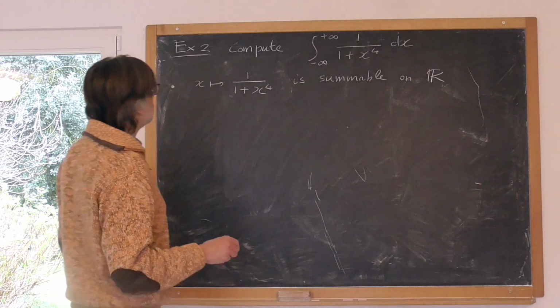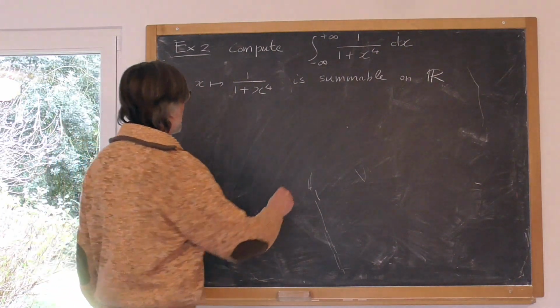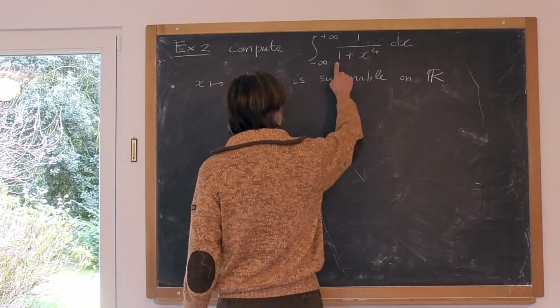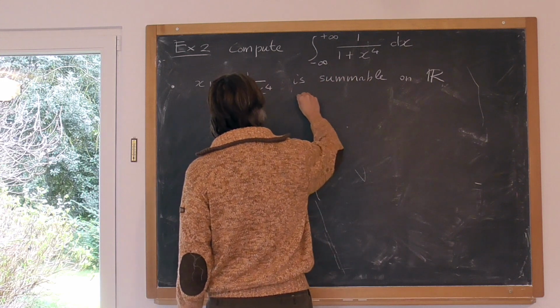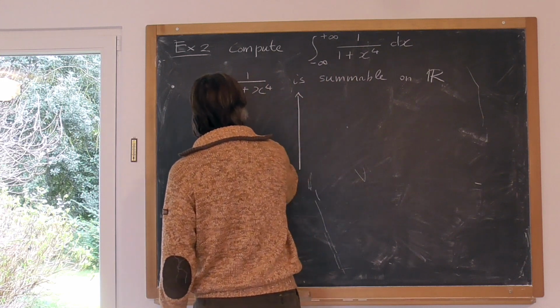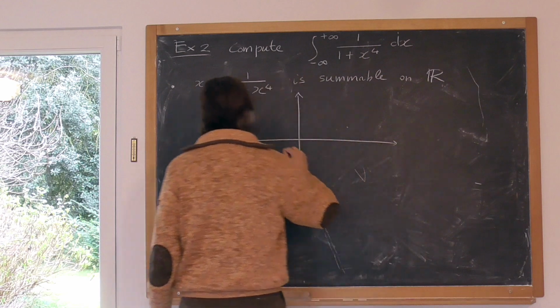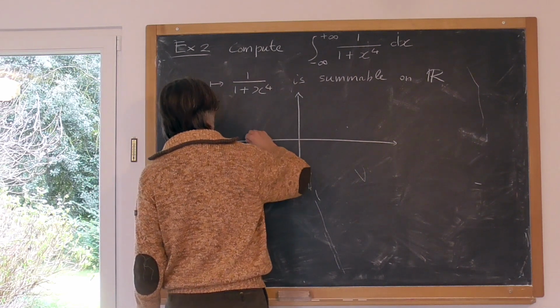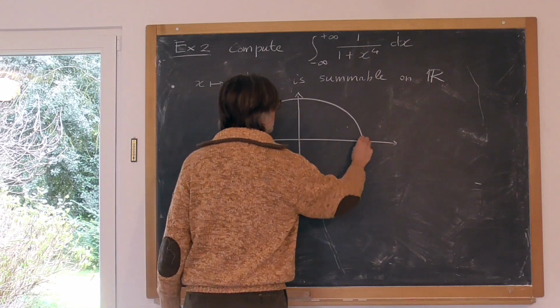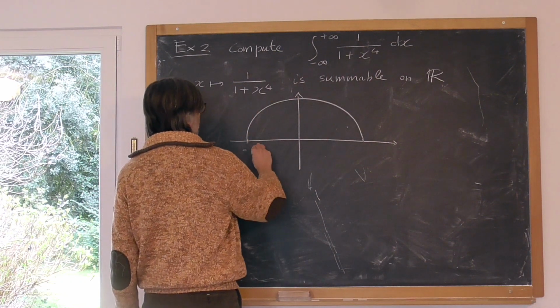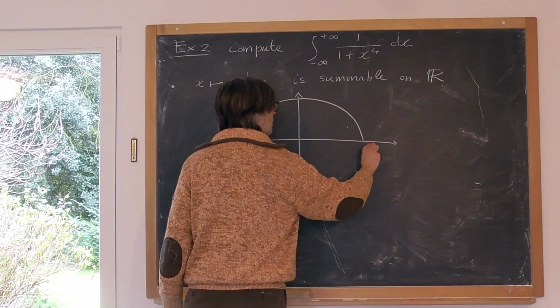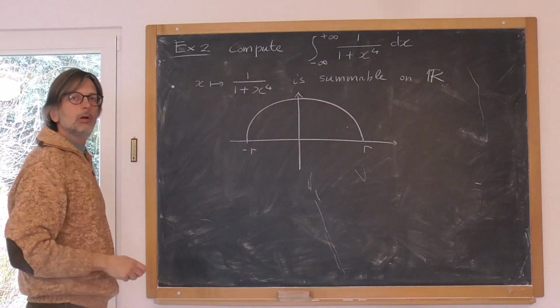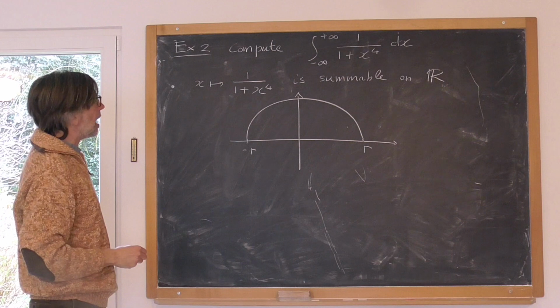And in this case, what we would like to do is the following. We will integrate over a half circle. This goes from minus r to r, and this is a half circle of radius r.